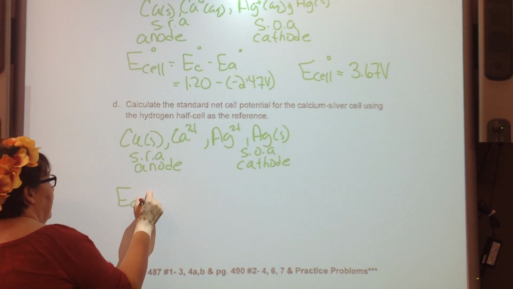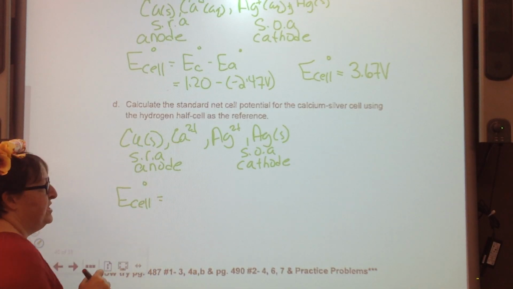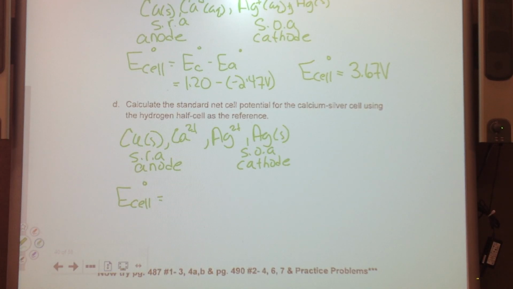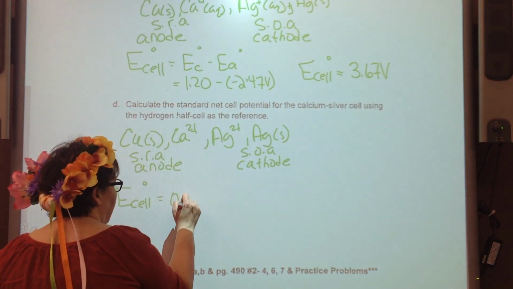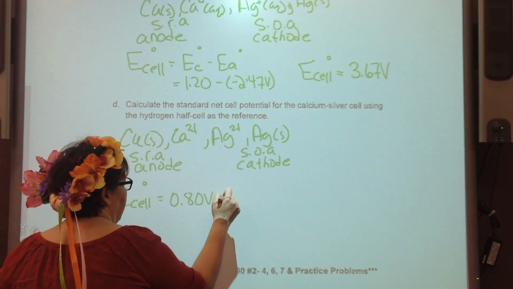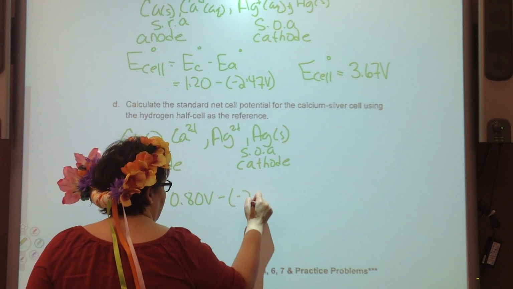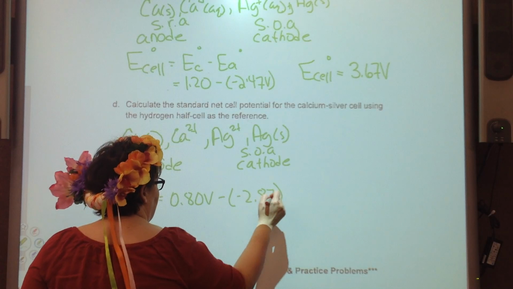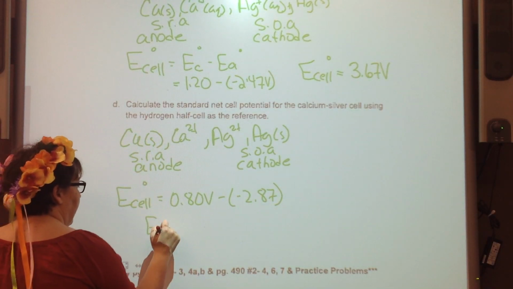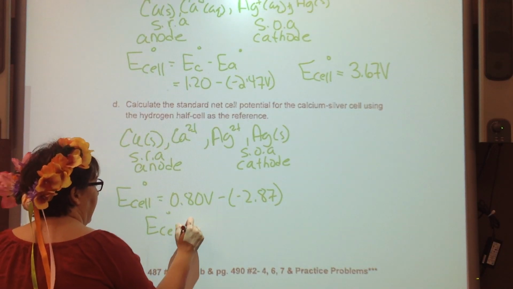But in relation to hydrogen, we need to go back to their original values, which is 0.80 volts minus negative 2.87. And we get what for a value? 3.67.